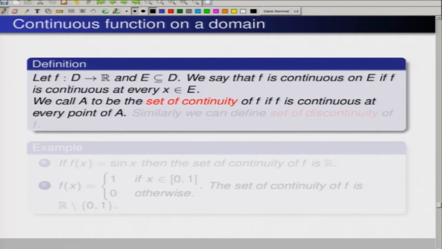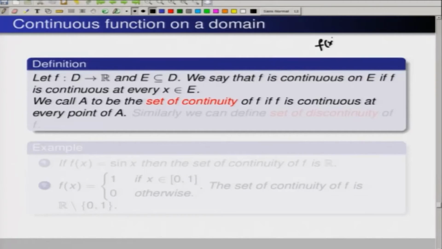It can happen that f is defined everywhere on the domain but is continuous only on some subset. Suppose, for example, the indicator function of [0,1]; there are some subsets in which f is continuous. I will come to that in a moment.